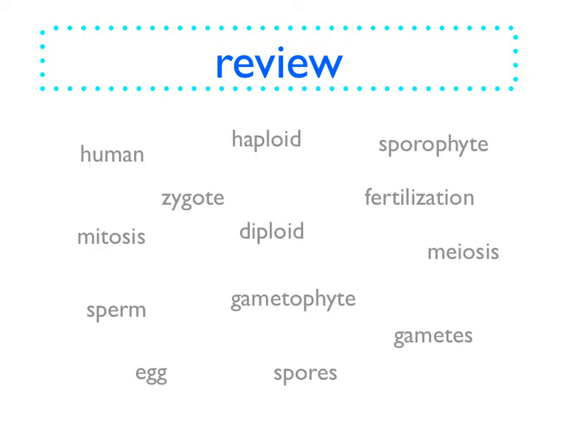Okay, so in review, human is 2N. Human is 2N, right?